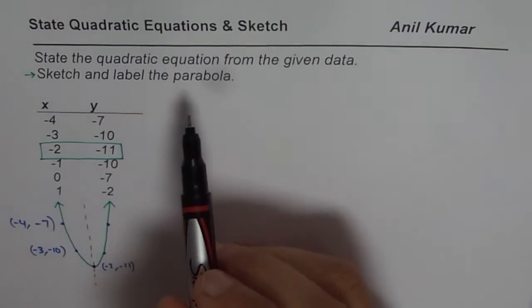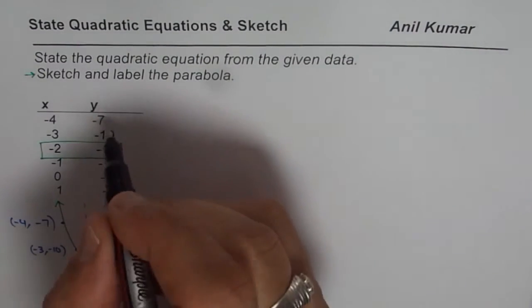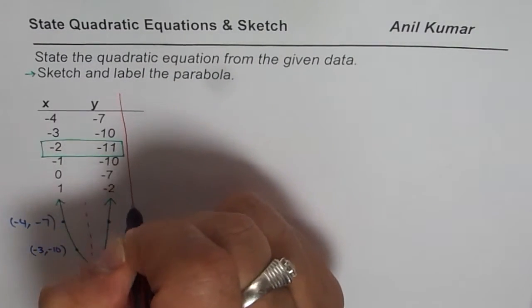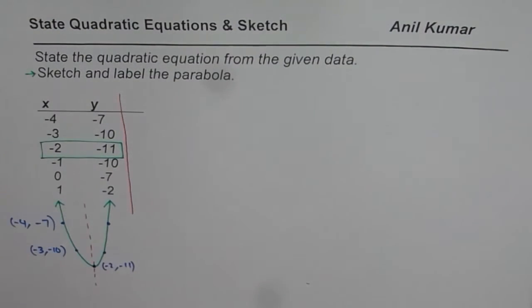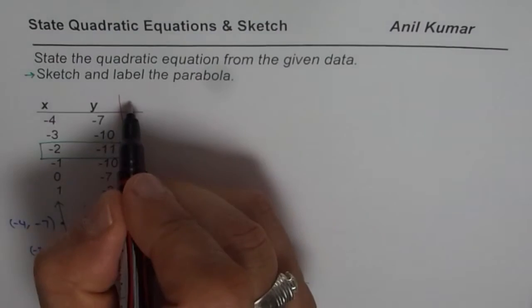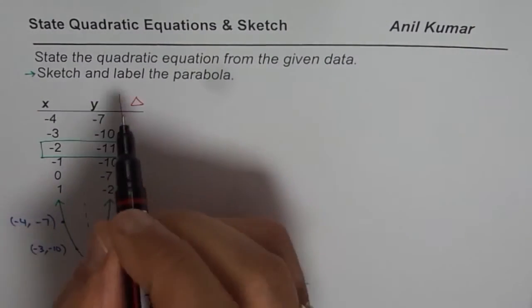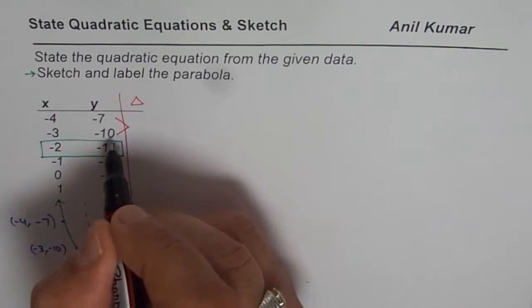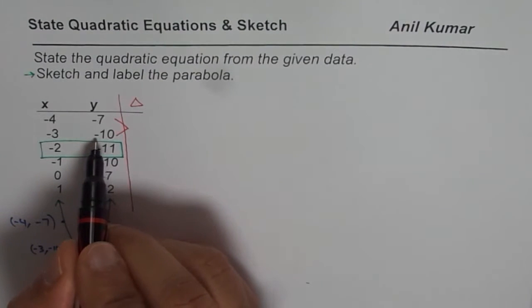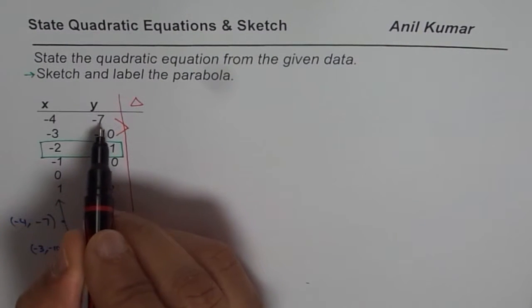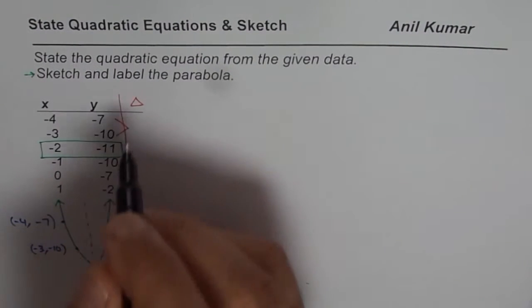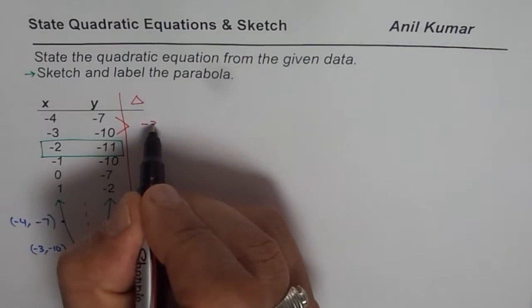So what we'll do here is we'll first analyze whether the given information represents a parabola or not. So we can find the first difference. First difference is y2 minus y1. So if I do -10 minus of -7, I get -3, right?